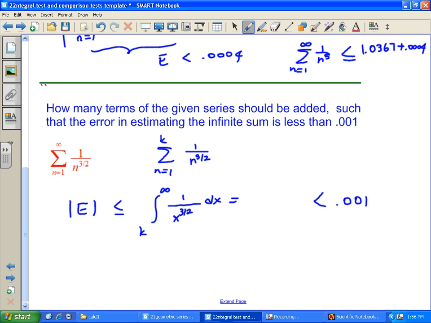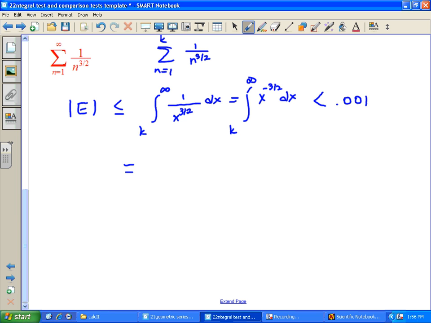So let's integrate this. What is the integral of x to the negative 3 halves? What's the antiderivative of x to the negative 3 halves? Add 1 to the power, right? So what do we get? The negative 3 halves plus 2 over 2, and you get x to the negative a half, right?